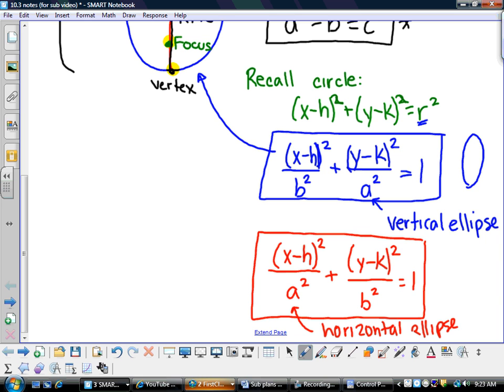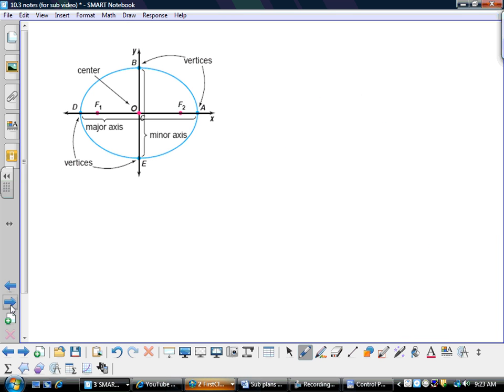So let's try some examples of what this would look like if we had a problem where we were trying to write equations for the ellipse.